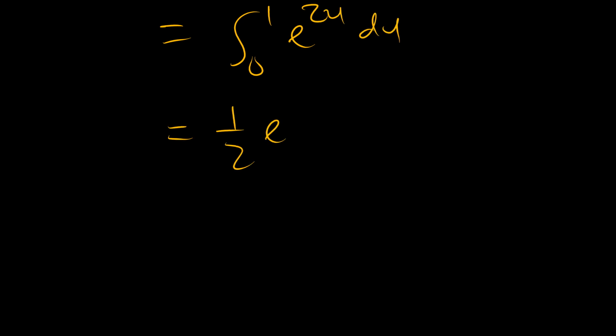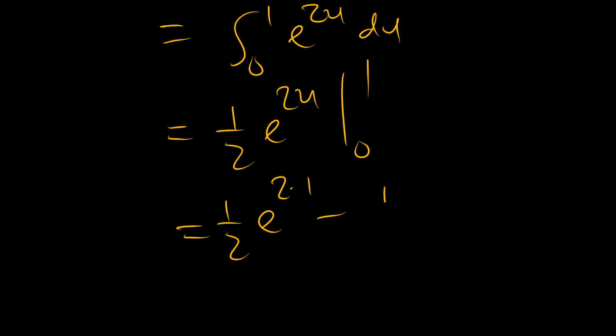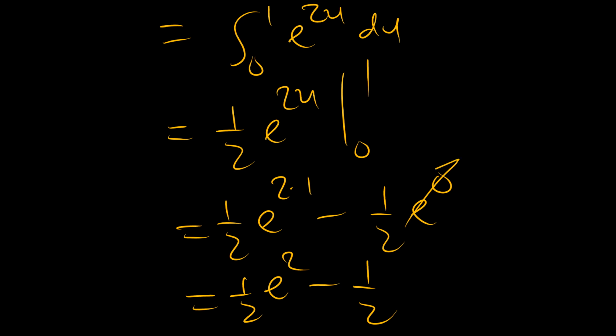And so our problem now reduces to the integral from 0 to 1 of e to the power 2u. Right. So this becomes a half e to the power 2u from 0 to 1, which is equal to a half e to the power 2 times 1 minus a half e to the power 0, which is a half e squared minus a half, because this tends to 1.